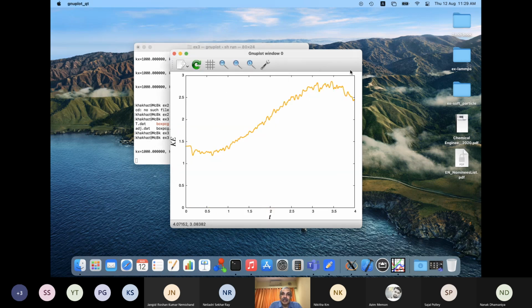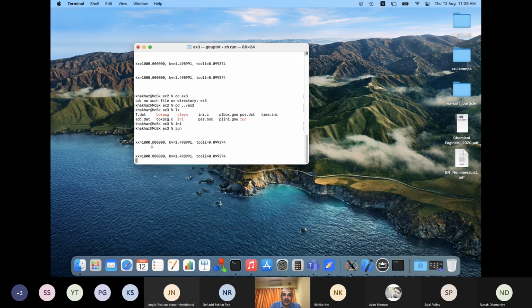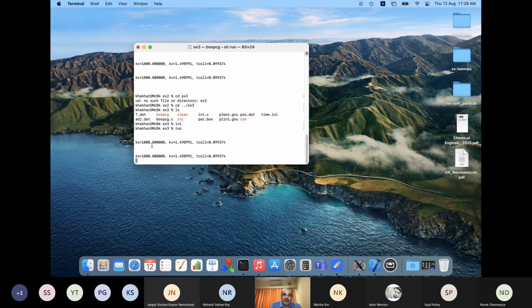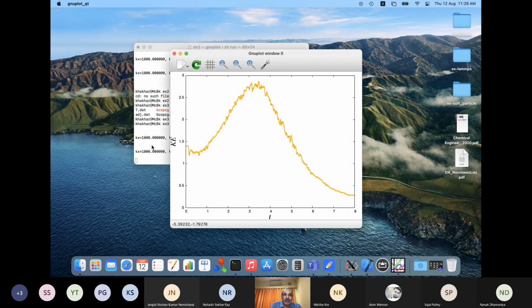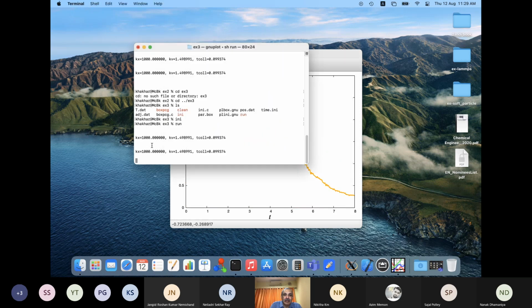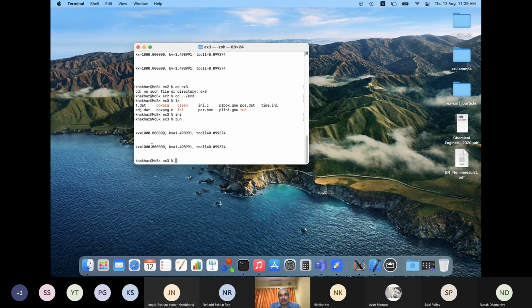Kinetic energy first increases because the particles are falling, but then because of viscous dissipation, the energy starts to reduce. We saw this even in the hard particle simulations. So this is what it is.